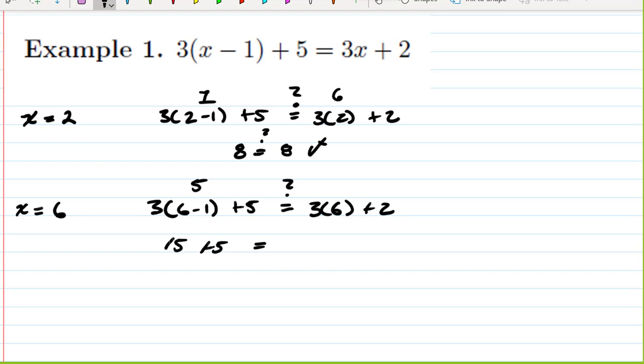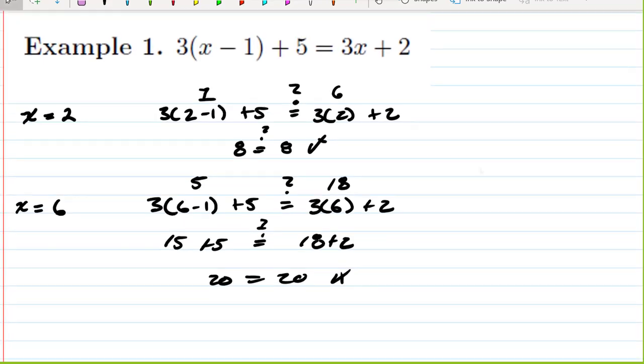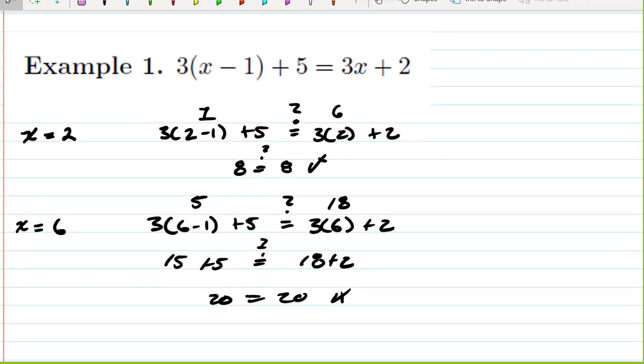And 3 times 6 is 18, so that gives us 18 plus 2. 15 plus 5 is 20, and 18 plus 2 is 20. So that also worked. If I keep randomly guessing, for every x I guess, this will always work. The reason is that this is an identity. We're going to refer to it as a trivial identity.